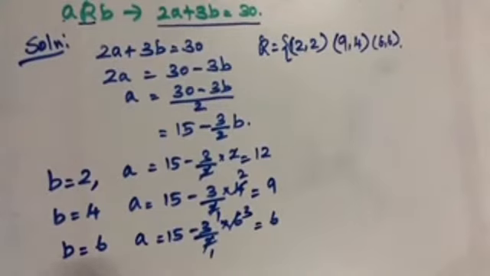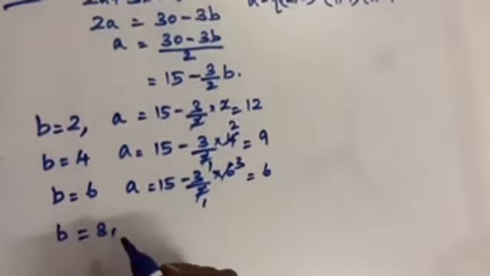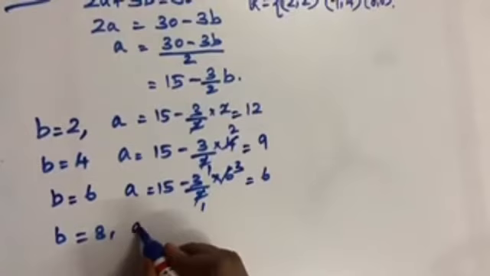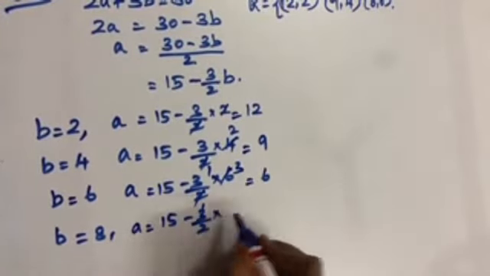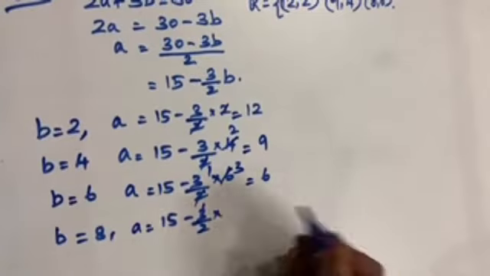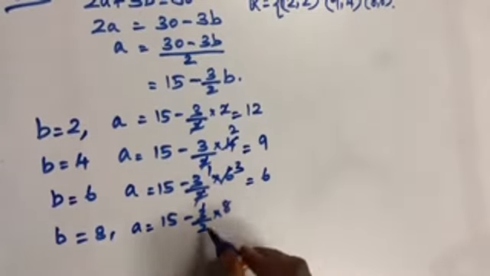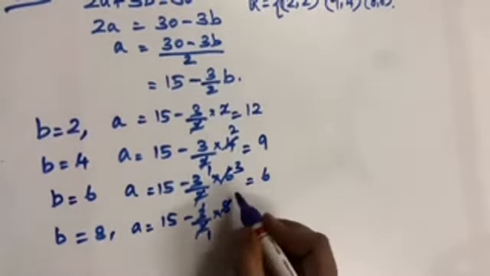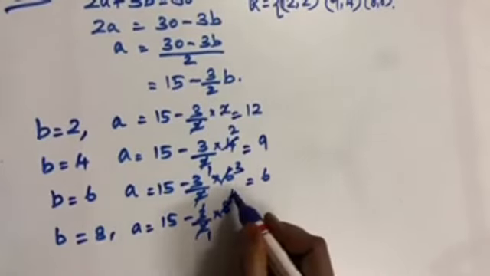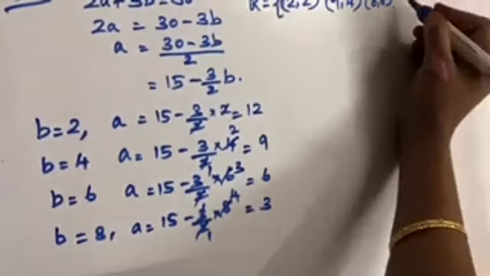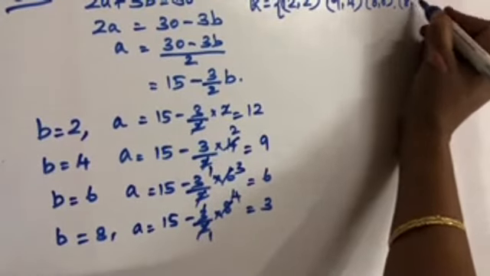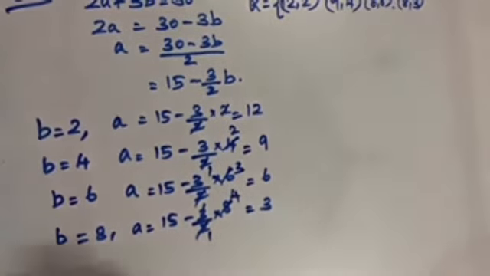B is equal to 8. If B is equal to 8, A is equal to 15 minus 3/2 times 8. 4 2s are 8, 3 4s are 12, 15 minus 12, it is 3. So, 8, 3 is the next pair.